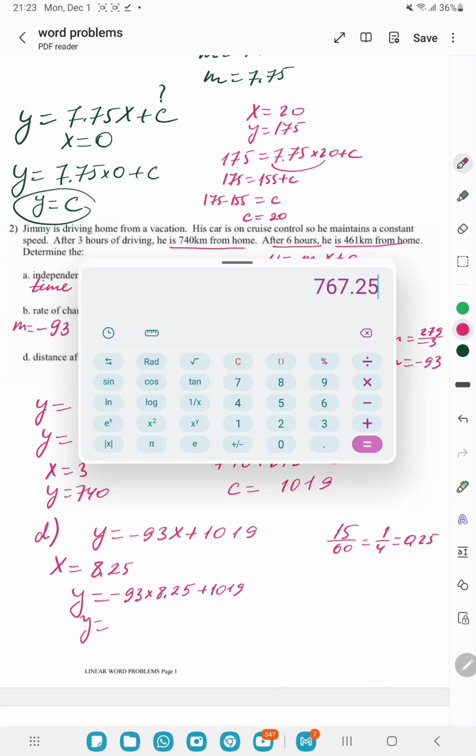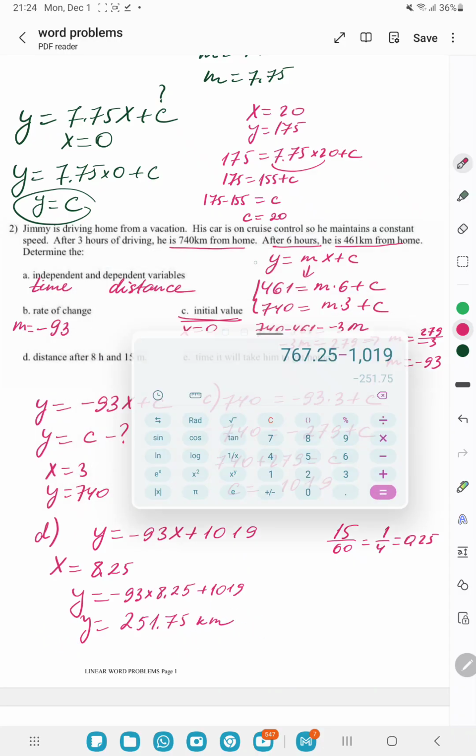Minus 1019. Our answer should be positive because the bigger number has the positive sign. 251.75 kilometers.